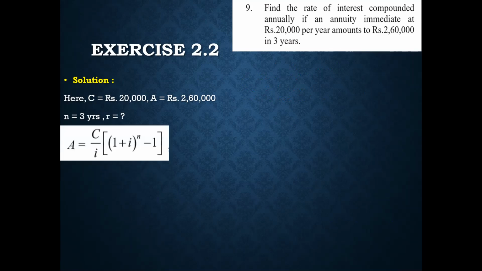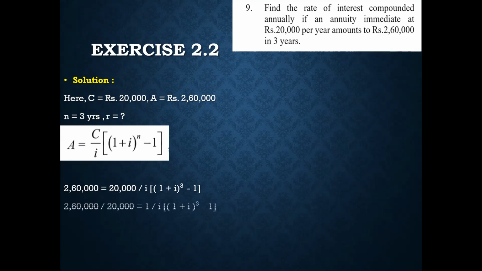So we'll use the formula A is equal to C upon I, (1 plus I) raised to N minus 1. So 2,60,000 is equal to 20,000 divided by I, because I is not given. As we don't have R, we don't know I, because I is equal to R upon 100. (1 plus I) the whole cube minus 1.